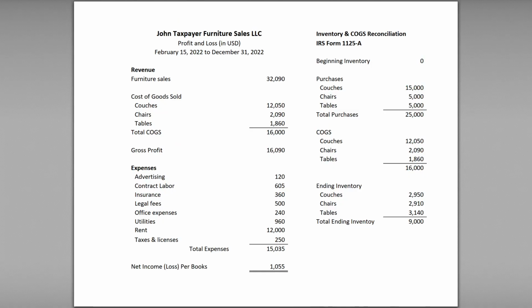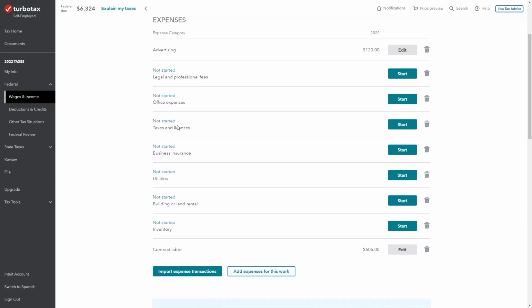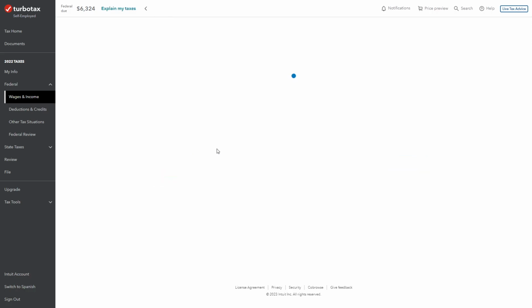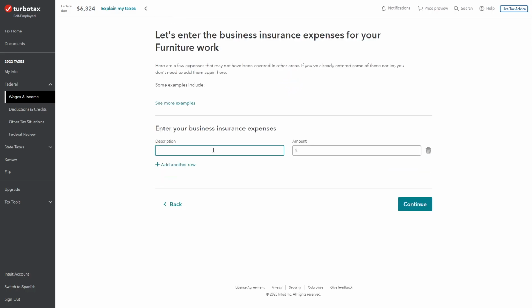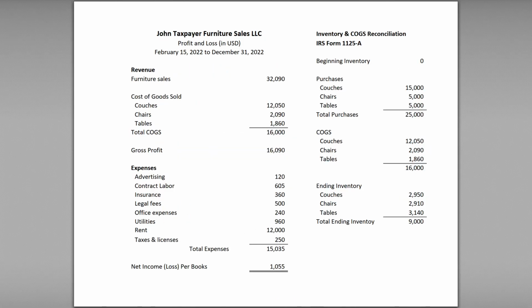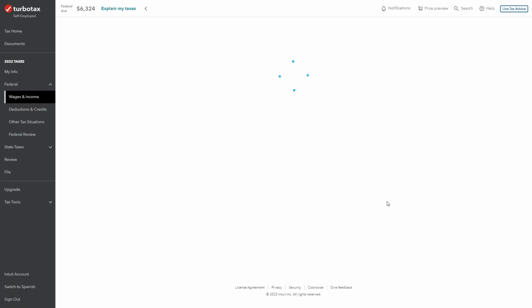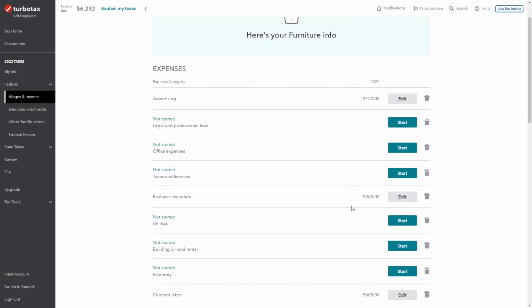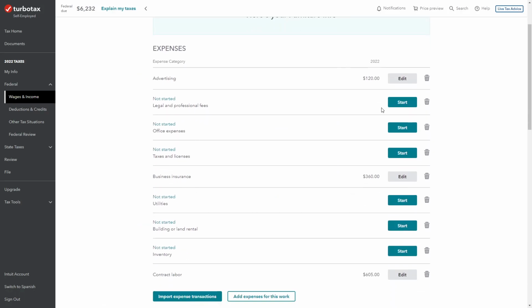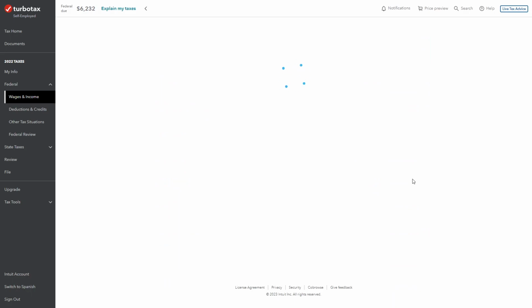insurance, $360. All right, business insurance, $360. Legal fees are next for $500. Legal fees, $500.